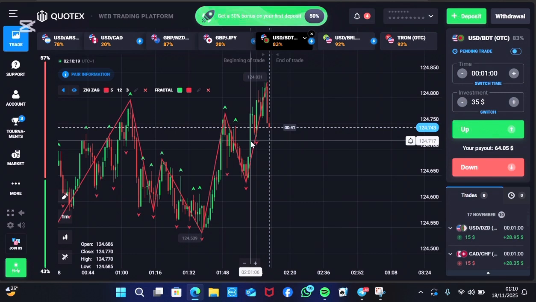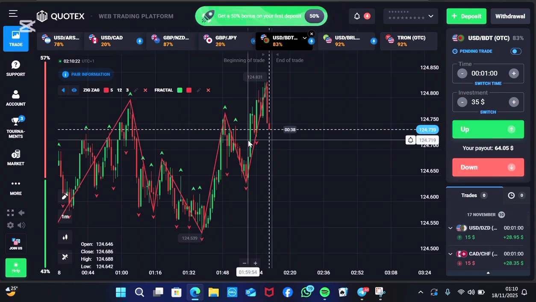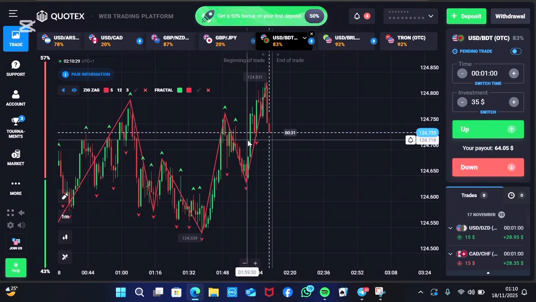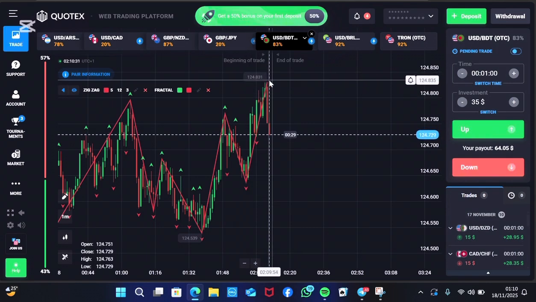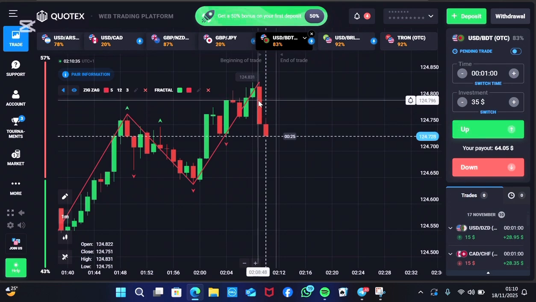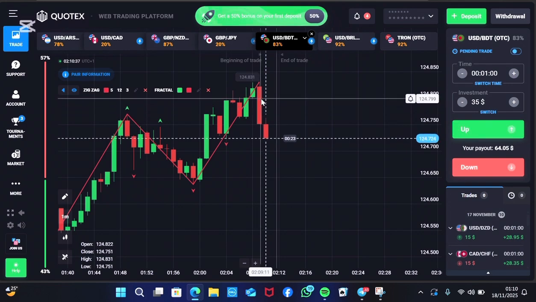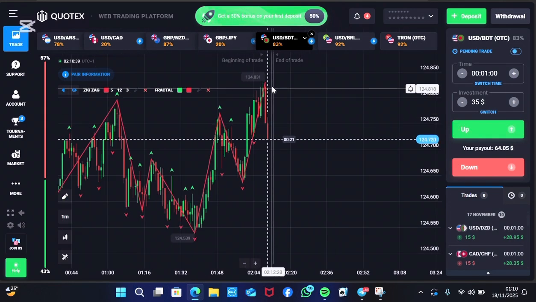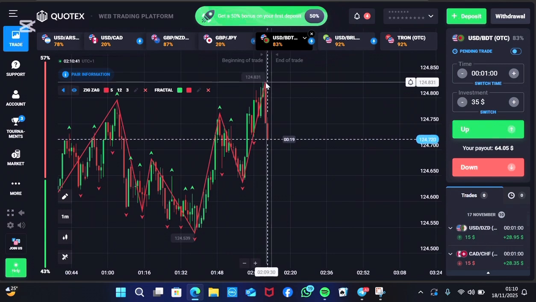Now, break and retest strategy. I don't know if any of us have come across this, but break and retest is the easiest strategy you can use. This is the simplest entry method. Price breaks a support or resistance, which is exactly what is going on here, and it comes back to retest it.